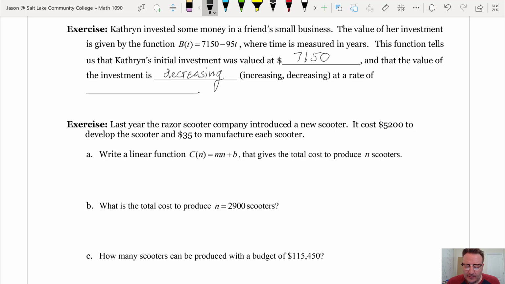It doesn't say exactly, so we'll just say the rate is 95. We don't know the units. It could be dollars, it could be thousands of dollars, maybe she's very wealthy and it's millions of dollars or something, I don't know. Okay, next one.